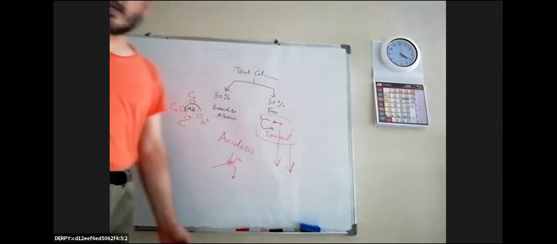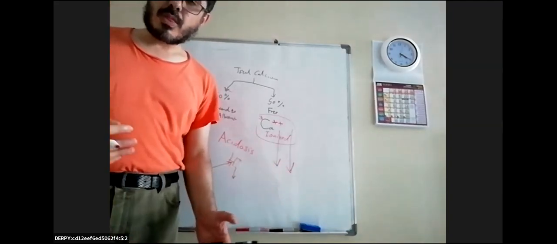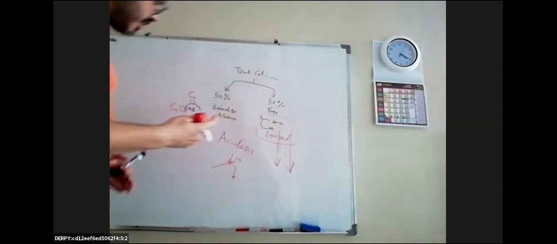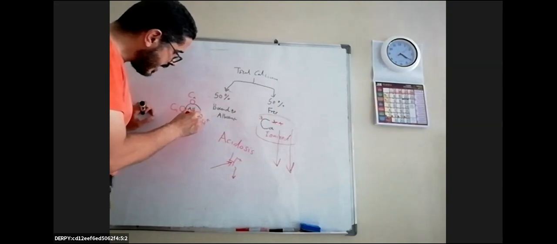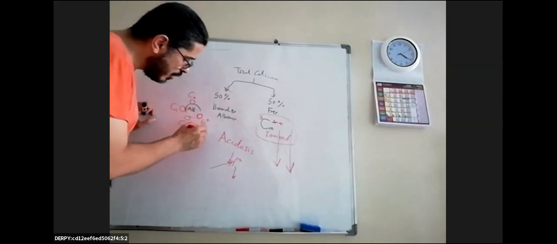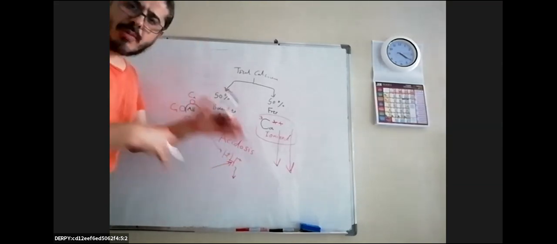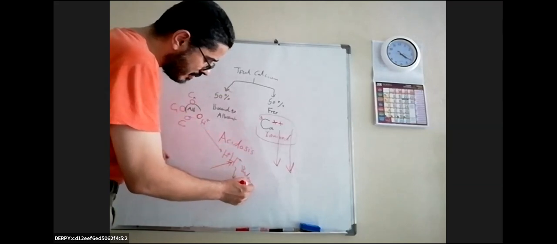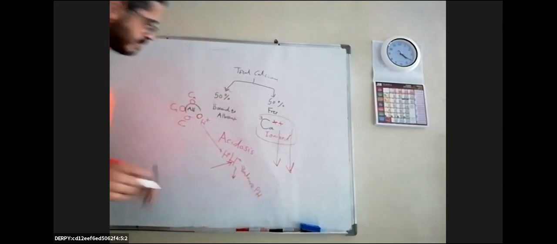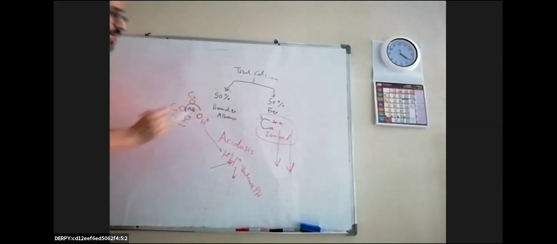So my body does not want to become alkalotic. It does not want to go to alkalosis. So what will happen? The hydrogen which is bound to albumin will go there to balance the pH. Then this place of hydrogen will be empty.